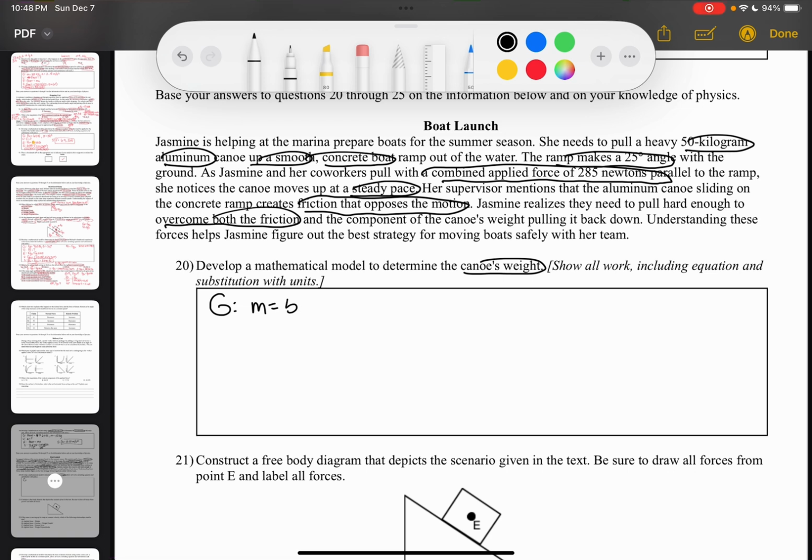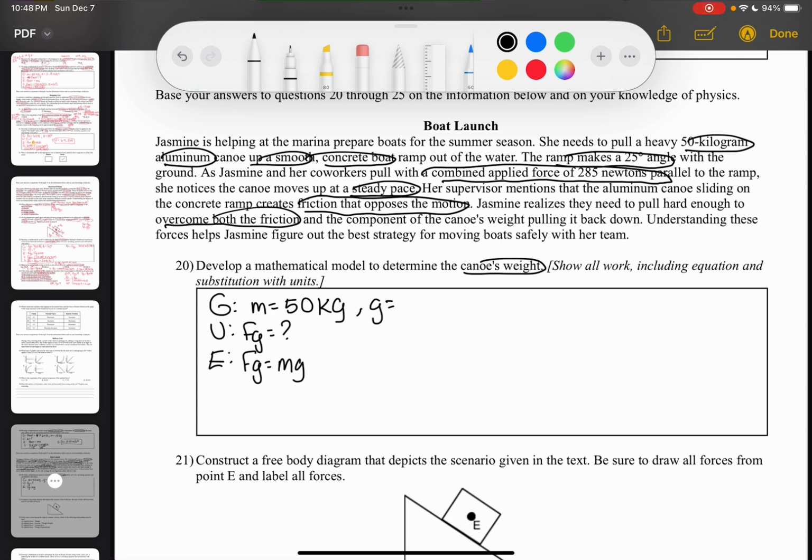So the mass is 50 kilograms. We're looking for Fg. If you look at the equation on the reference table, page 2, under F net equals m times a, it says mg. We're on planet Earth. Again, we're only going to use the magnitude value, which means you're only going to write a positive number, because on the inclined plane there's really not a very direct up and down, left and right.